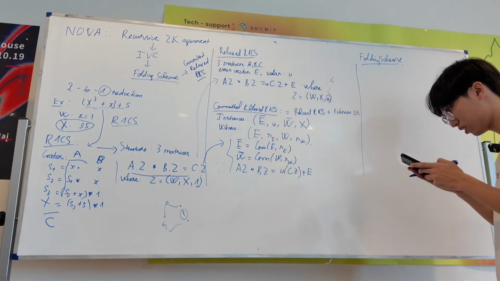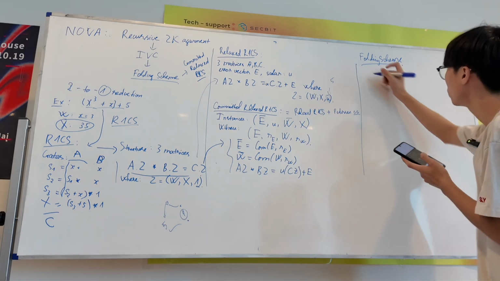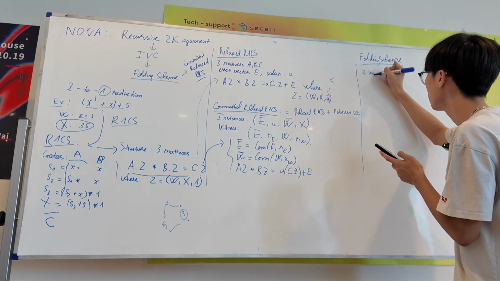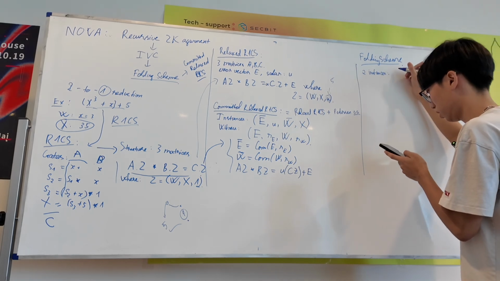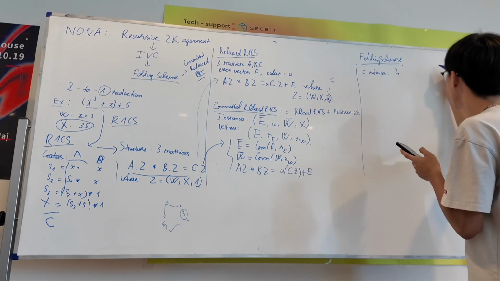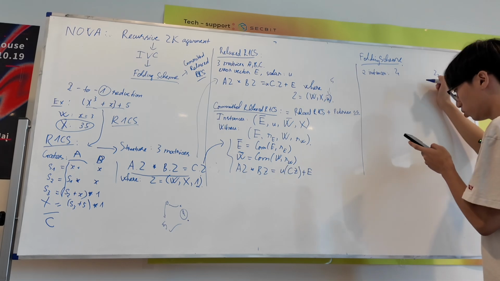Let me see. Okay, so now we have two instances, like Z1 and Z2.